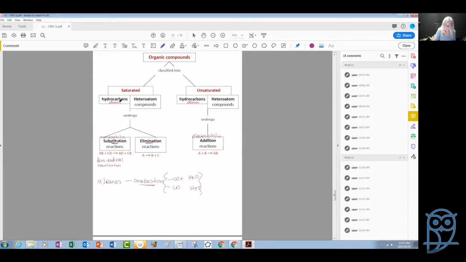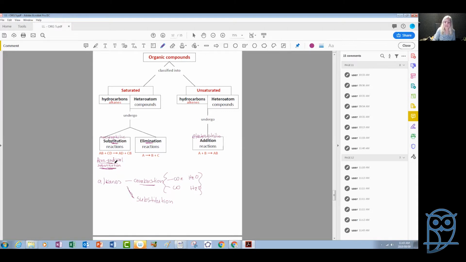However, the alkanes can undergo substitution reactions. Okay, substitution. But what type of substitution reaction? They can undergo the free radical substitution. Okay, free radical, because alkanes are highly unreactive since they are saturated, so they don't need to react.